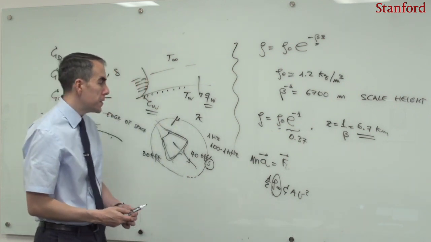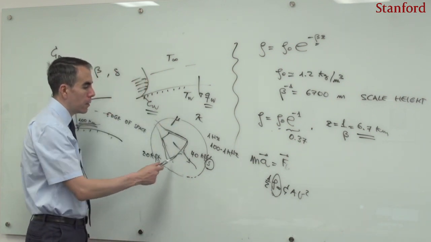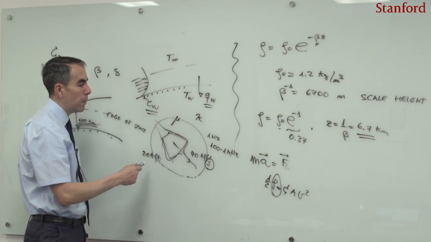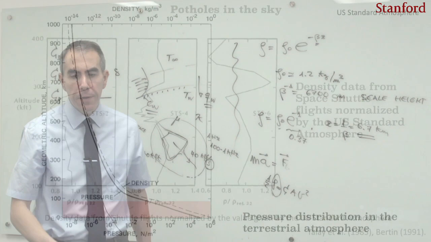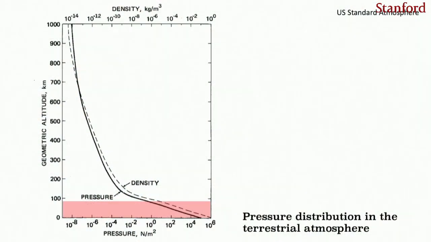Well, not only does the density vary exponentially, but if we look at the screen, the pressure also varies exponentially with altitude. And there you can see, for instance, the pressure in solid lines and the density in dashed lines. And you can see that there is also a difference by a factor of 10 to the 5 or so in the pressure just across the red layer.